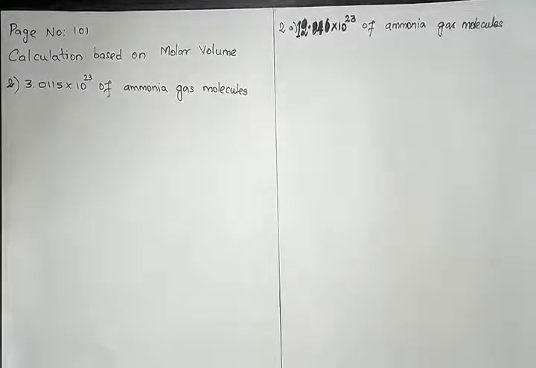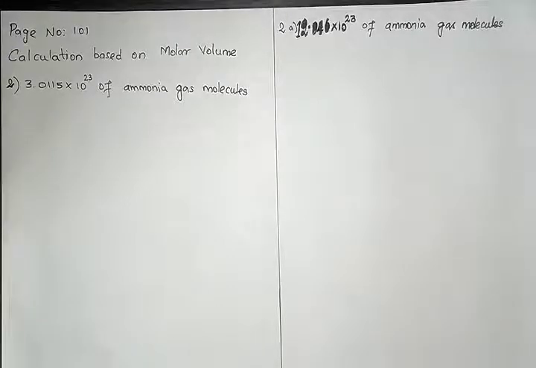Now, in this video, we are going to calculate the volume occupied by number of particles. So, if you are provided with number of particles, how do you calculate the volume? So, it's a conversion of number of particles to volume.